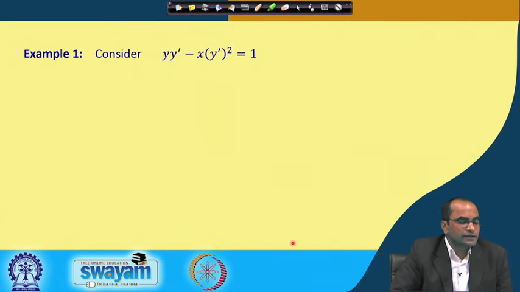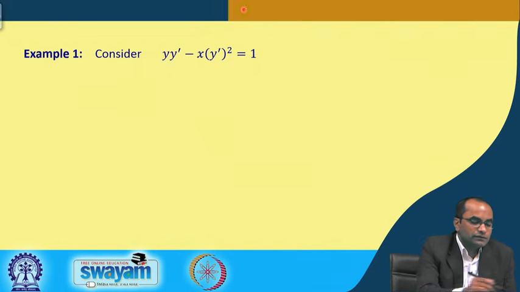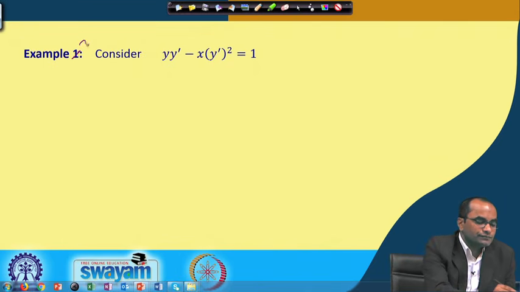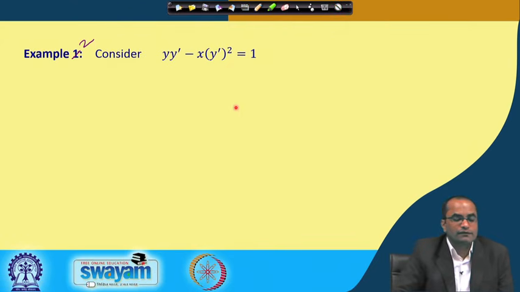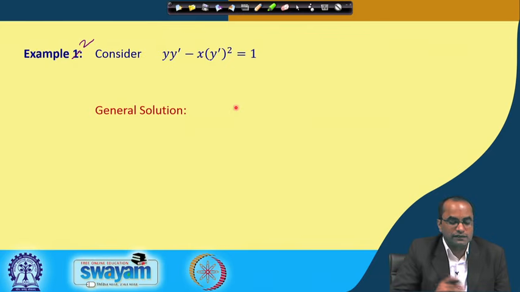Another example which we can look at here, example number 2. Here we consider y prime minus x times y prime whole square is equal to 0. The techniques we will discuss later on.